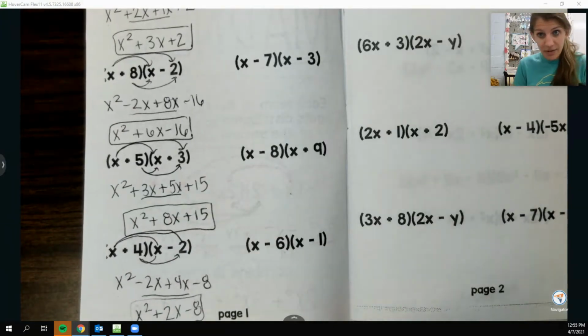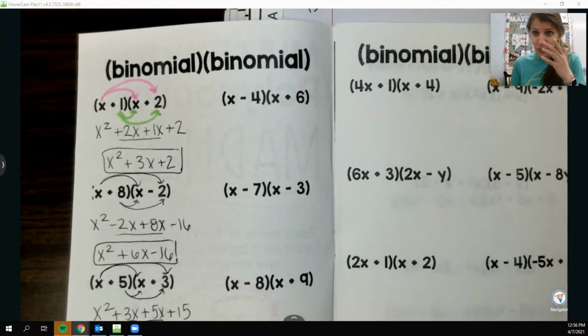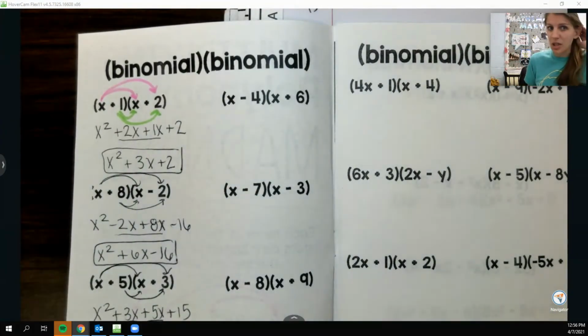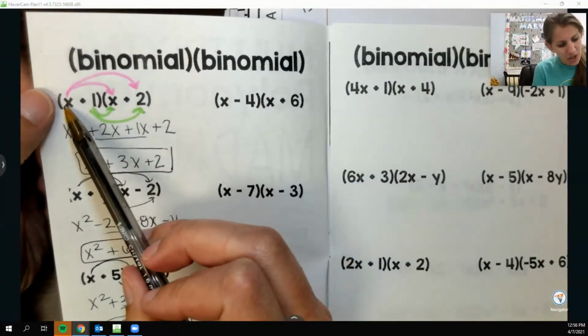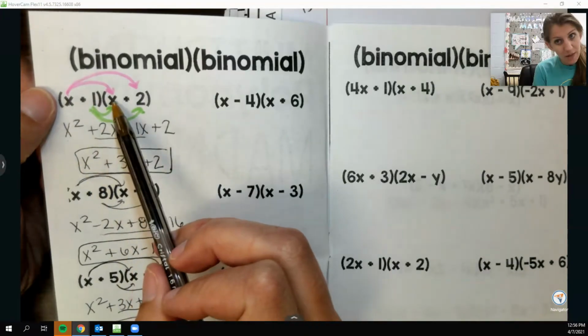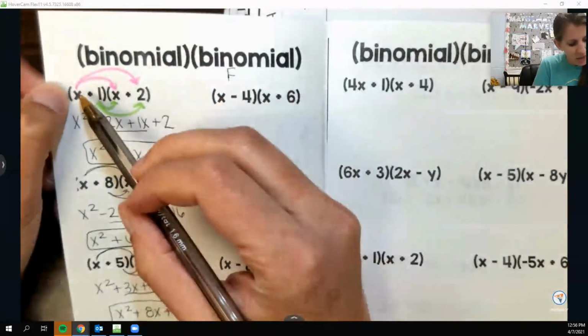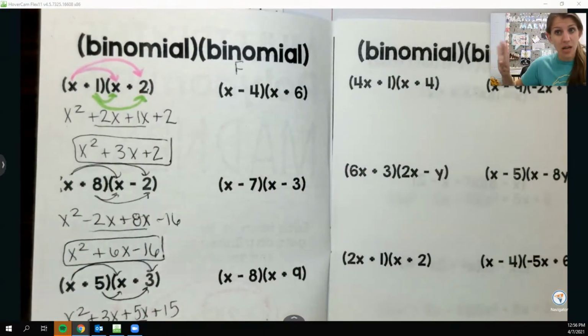So another way to think about it that some teachers really like to use over and over again, so you don't want to be confused if you hear a teacher in the future use this term, is based on what I'm doing here. The first thing that I do is I multiply the first by the first. Then I do the outer terms, on the outermost edges.